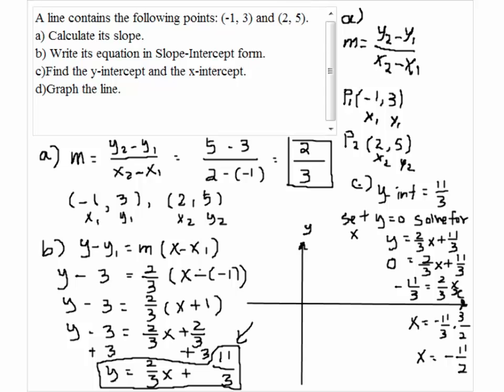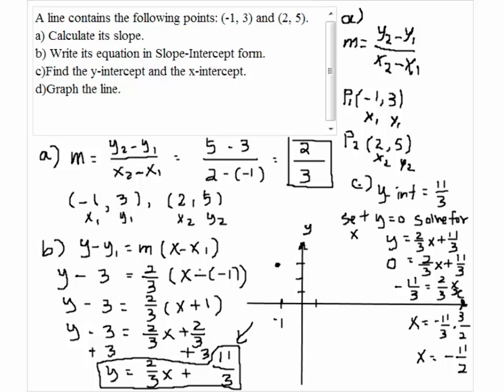Graph the line. Since we have 2 points already given, we can plot these points and then connect the dots to form a line. The first point is negative 1, 3. So we go to the left by 1 and go up by 3 to get the first point.